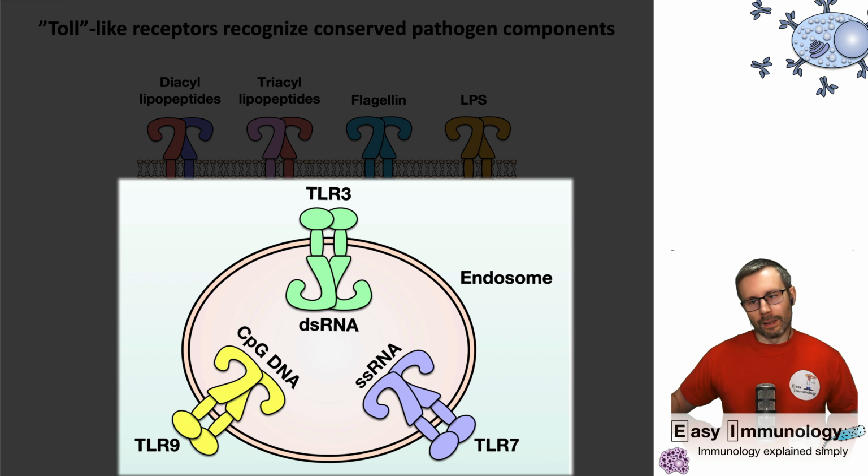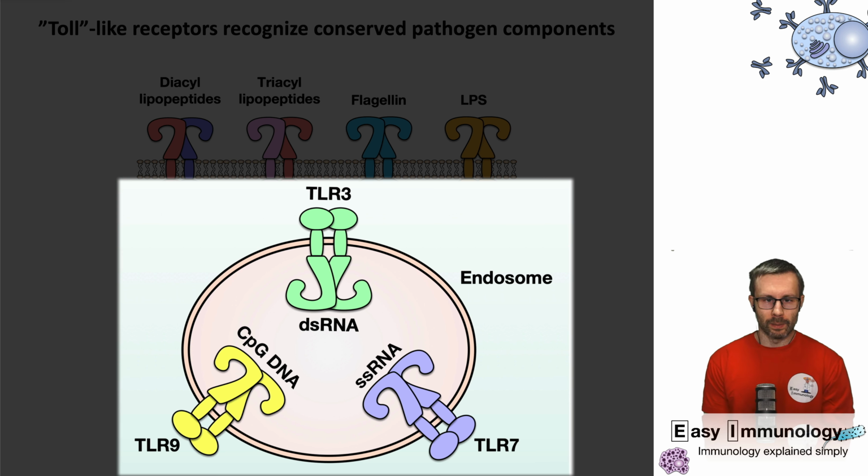And if a cell is infected, for example, by certain viruses, they try to replicate in, for example, the endosome or in the cytoplasm. And these parts or these amino acids of the viruses and bacteria are then recognized as dangerous and foreign by the toll-like receptors in the endosome.